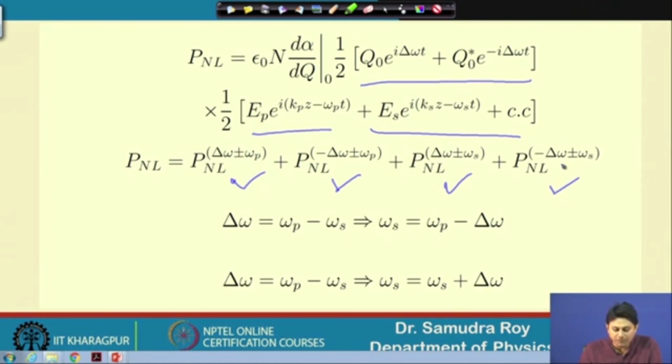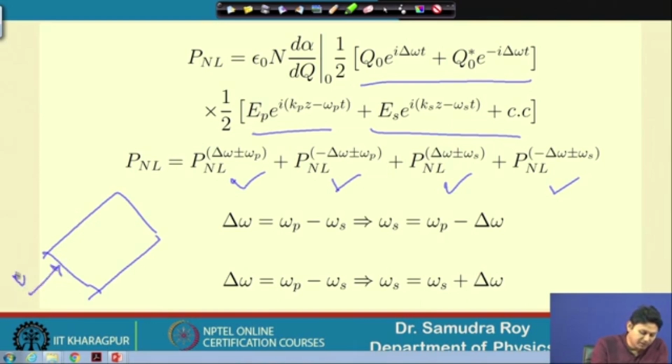But which frequency component is the most important one, that is something we should be careful about, because P nonlinear, when we try to find out what is the evolution of the stimulated Raman process, what happened is that I am launching an electric field with frequency component omega p, I am launching another electric field with frequency component omega s.